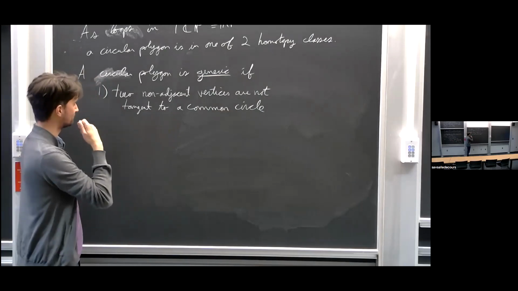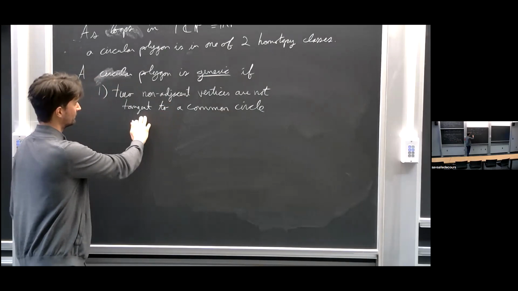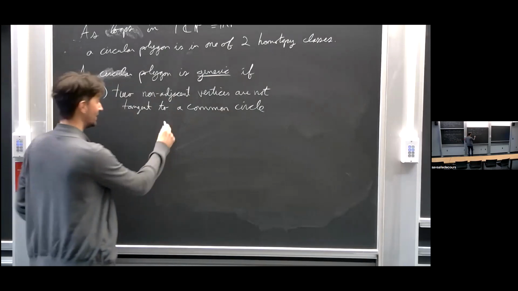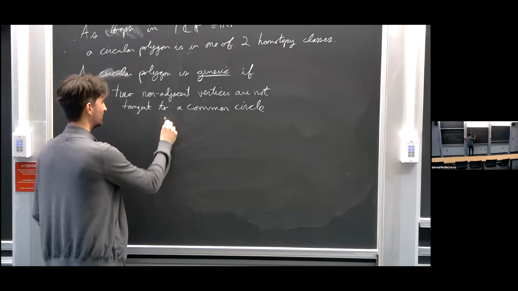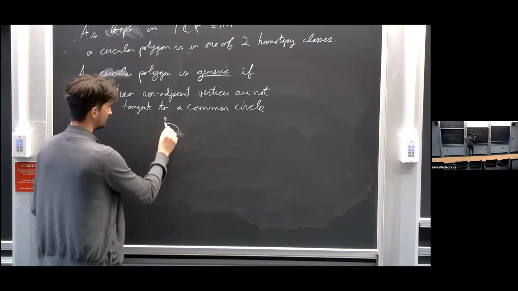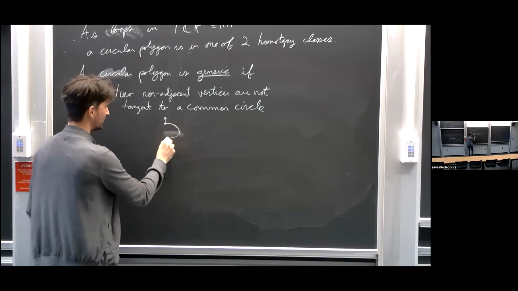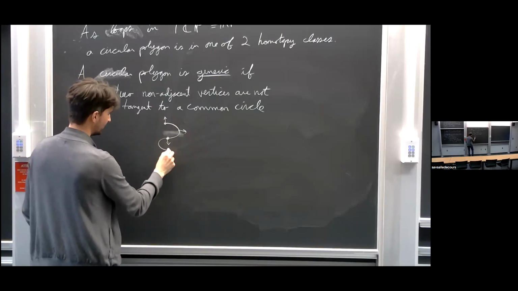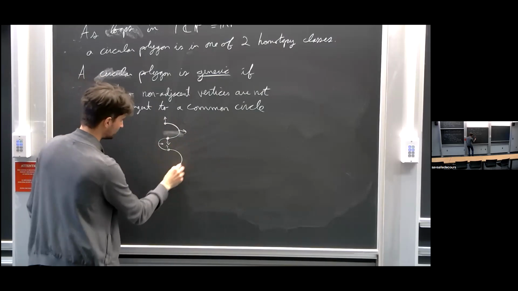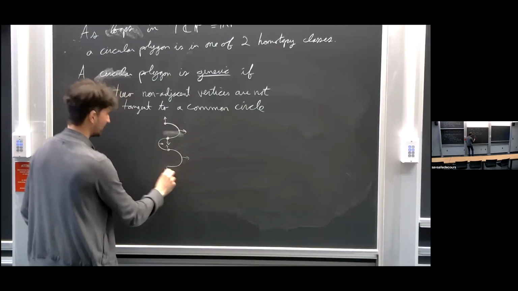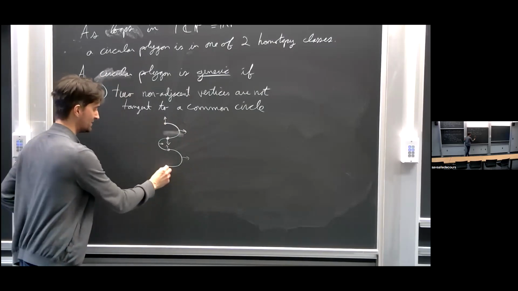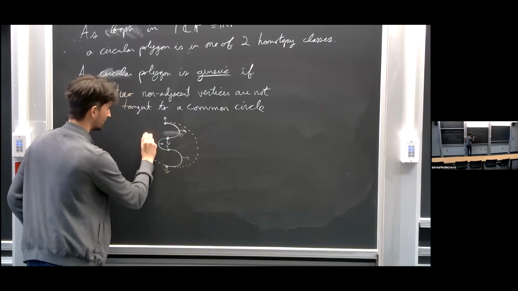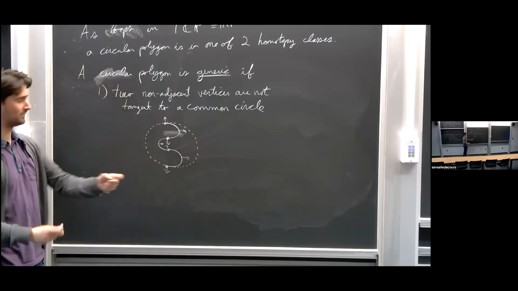So what does a curve which violates this look like? Maybe you start drawing your co-oriented piecewise circular curve, and if I have this as a vertex and this as a vertex, that's a problem because there's a circle which is tangent to both.